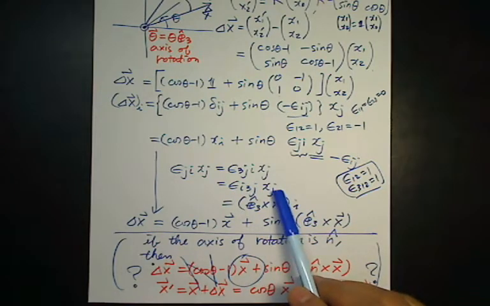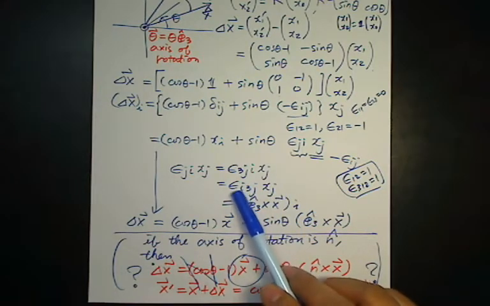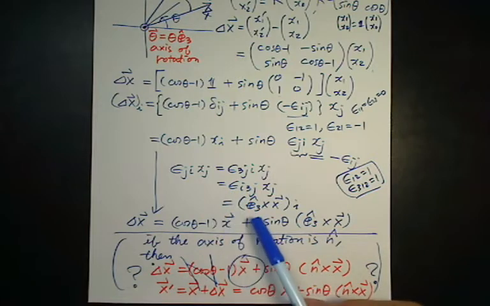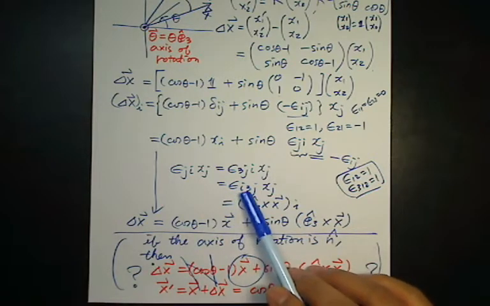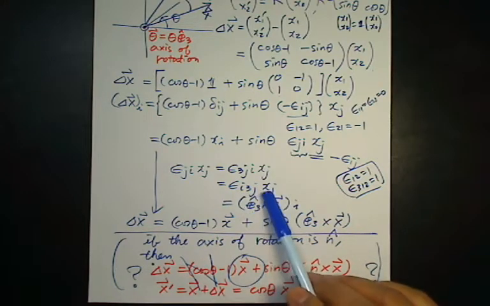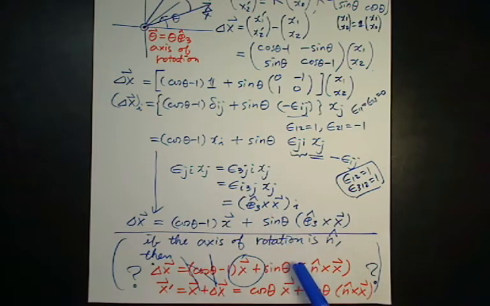That means this is the ith component of the cross product of e3 hat and x, right?